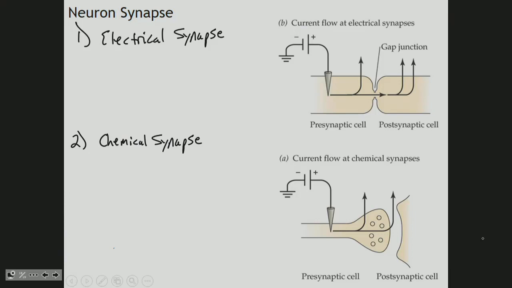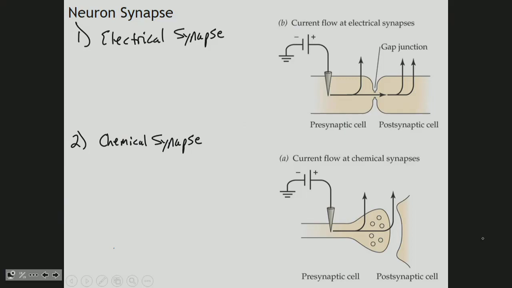Alternatively, you can have a chemical synapse. And at a chemical synapse, the ions are moving to the end of the presynaptic neuron. They're causing neurotransmitter release. So there's a chemical that's then released, and that chemical is causing a depolarization at the postsynaptic cell or the membrane that it's contacting. It could be a neuron or a muscle, for example.